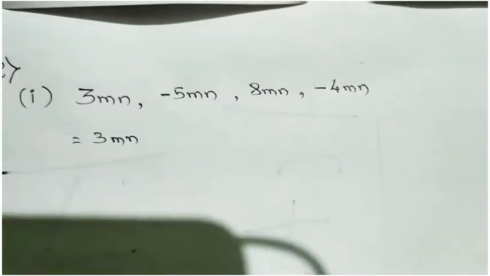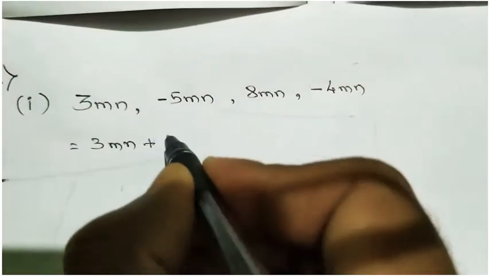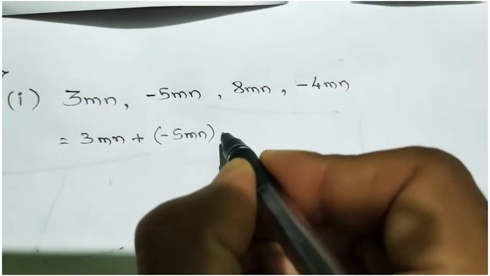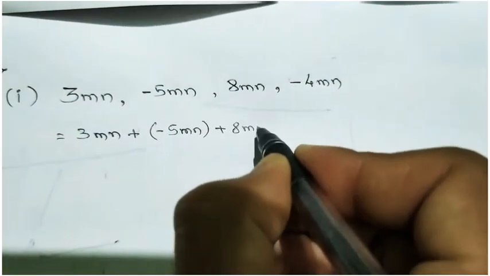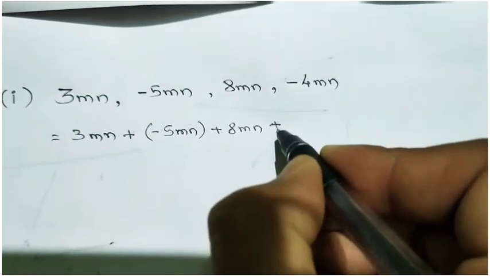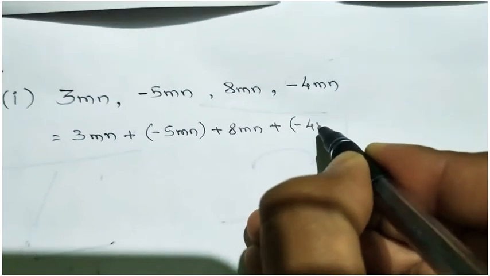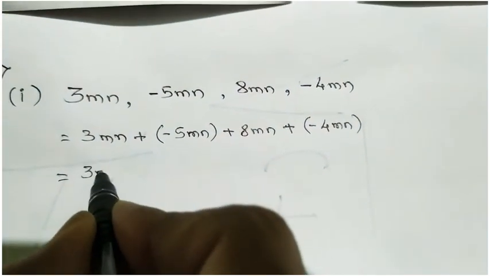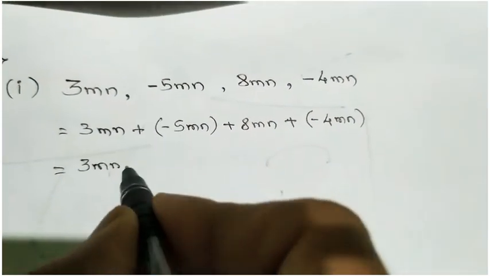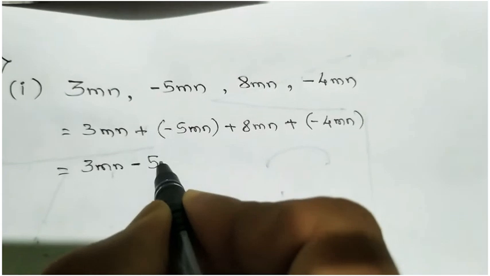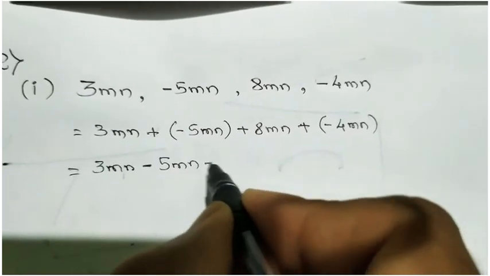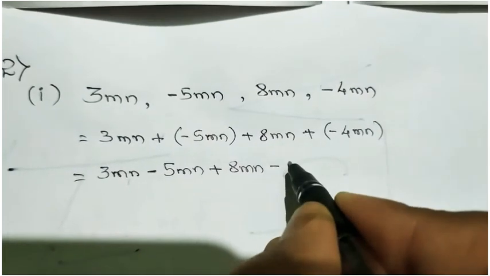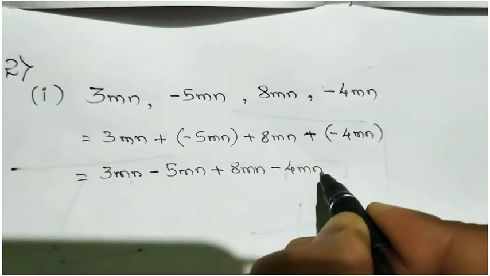3mn plus of minus 5mn plus 8mn, again plus of minus 4mn. Okay, so 3mn plus into minus, minus 5mn plus 8mn plus into minus, minus 4mn.